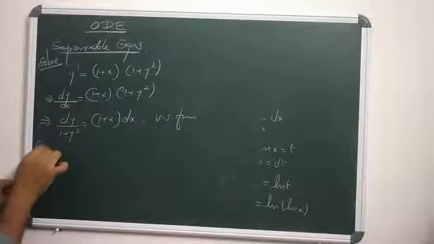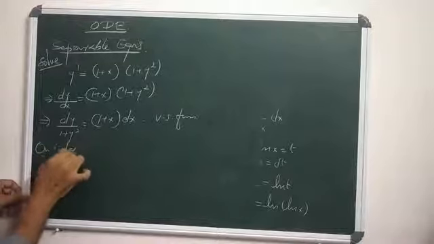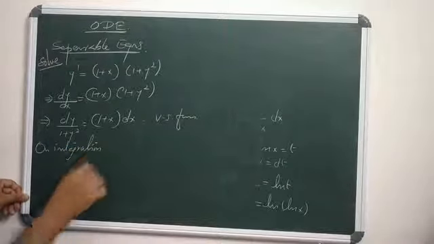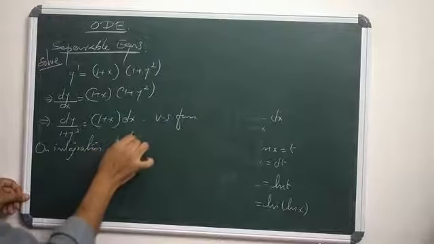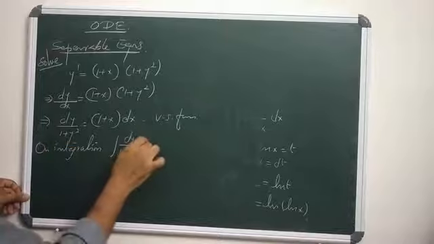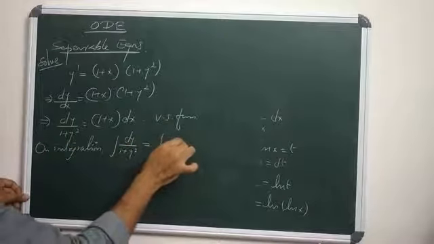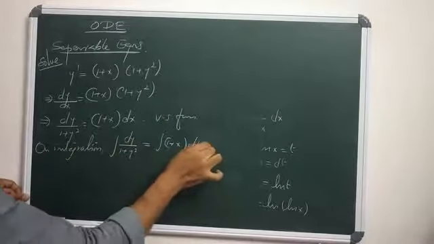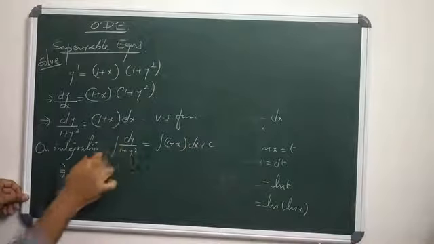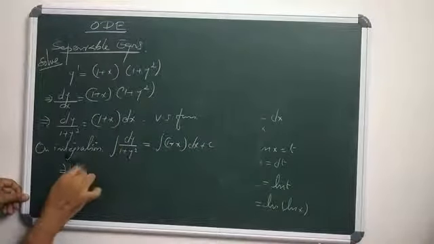Then on integration, what do you get? For the solution, you can integrate this one. So it is integral 1 by 1 plus y square dy equals integral 1 plus x dx plus integrating constant c. What is the integral of 1 by 1 plus y square? It is tan inverse y.